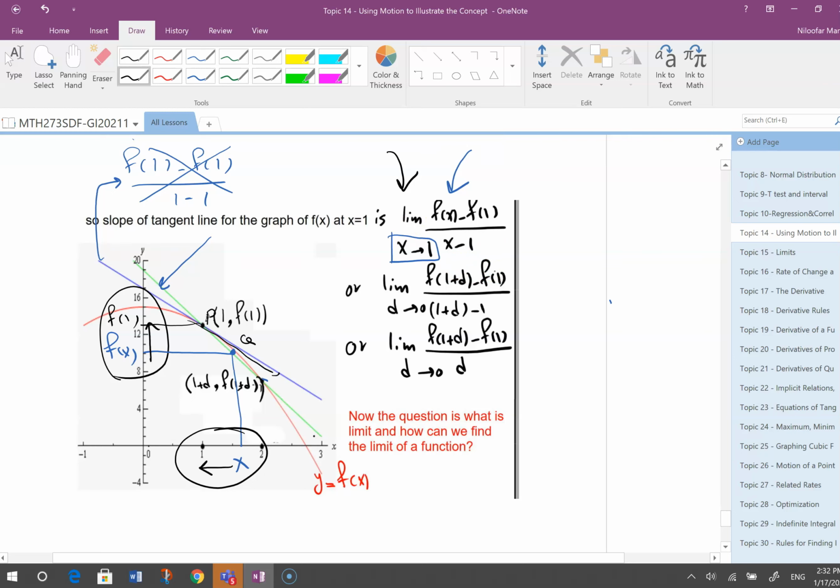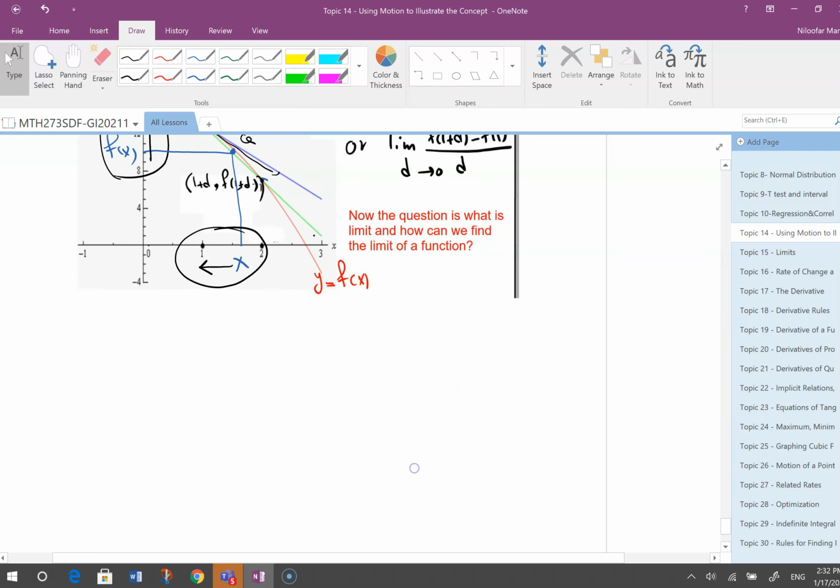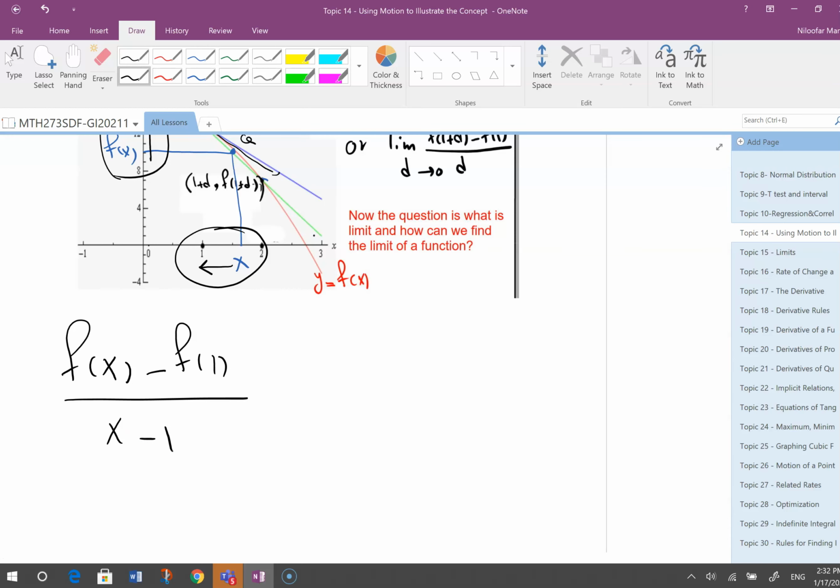So instead of 1, I use 1 plus d, meaning a little bit close to 1, and then I say d approaches 0. So I start from x, (f(x) minus f(1)) divided by (x minus 1) is the slope of the second line which connects x, f(x) to 1, f(1). Then you tell me, but you have to go toward 1. I say yes, I take the limit as x approaches 1, and I find the answer.